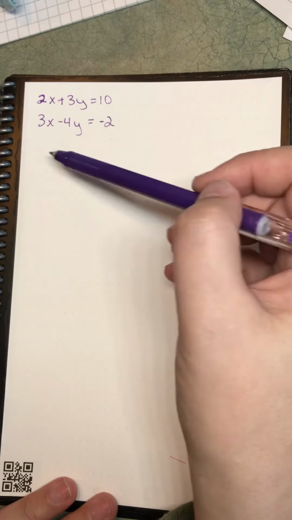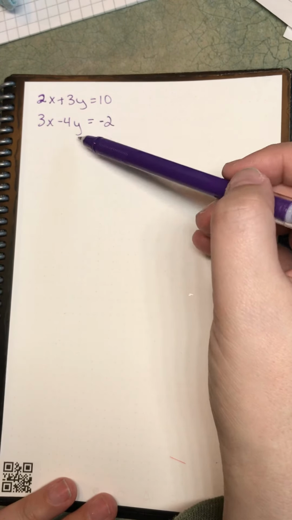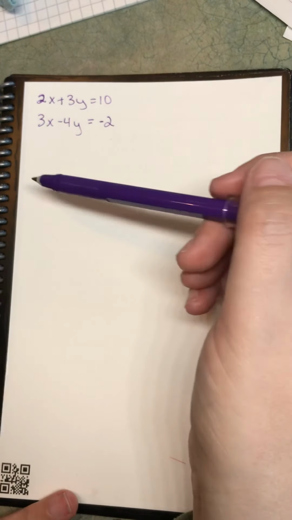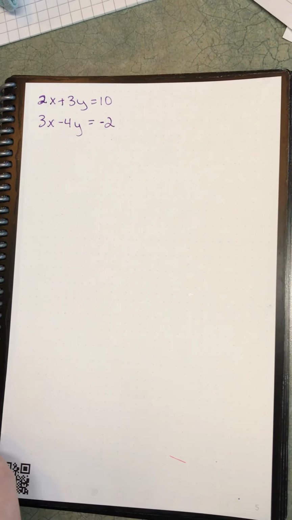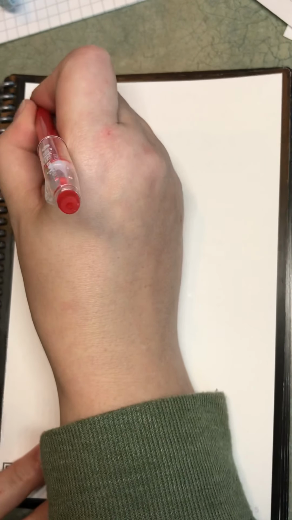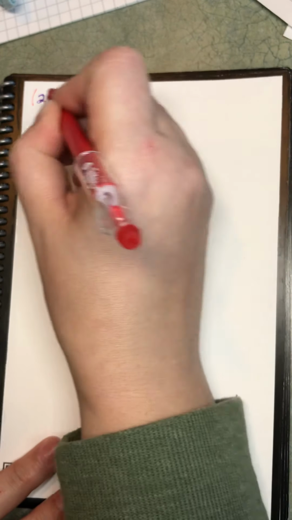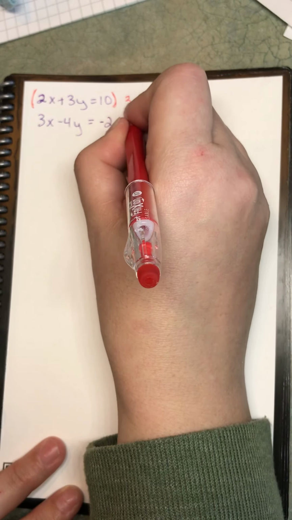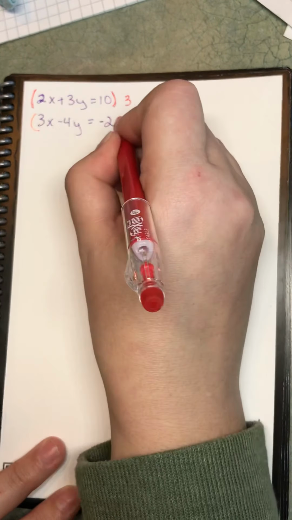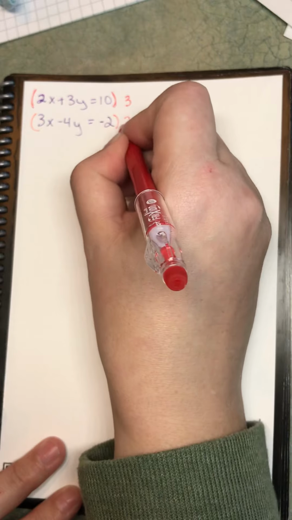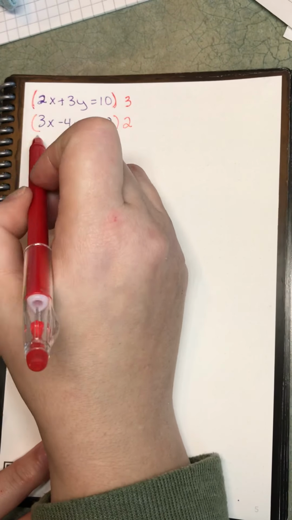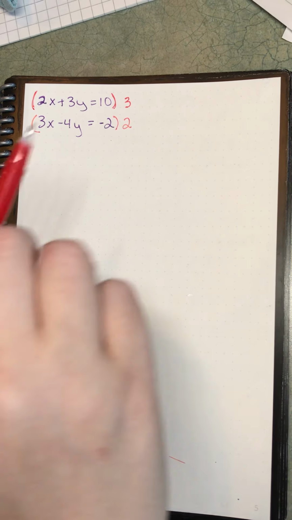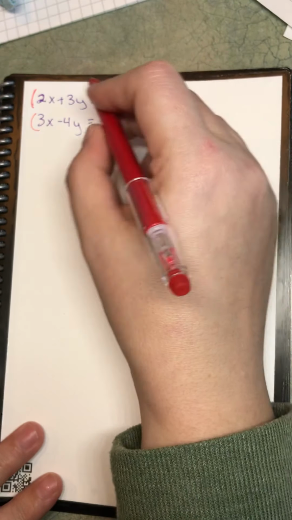It doesn't matter if I want to get rid of my x or my y. That's my choice. Seems like we've been getting rid of y a lot, so this time I'm going to get rid of x. So to do that, I'm going to multiply this whole equation by 3, and I'm going to multiply this whole equation by 2, because then these will both be 6. So everything by 3.